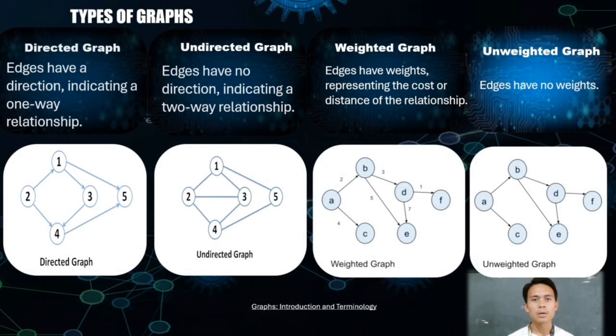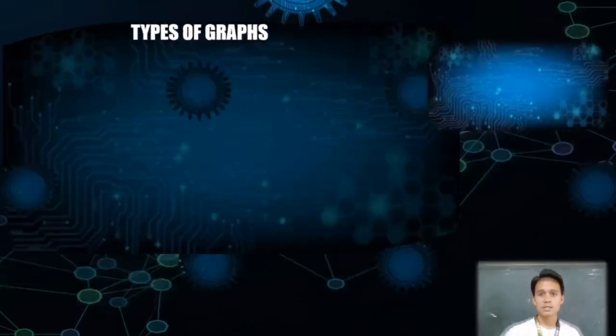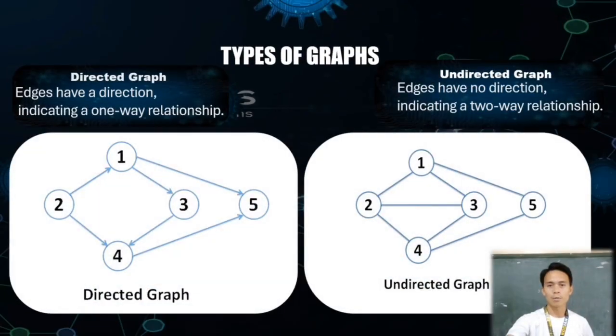So now we have the types of graph: directed graph, undirected graph, weighted graph, and unweighted graph. First, the directed graph.